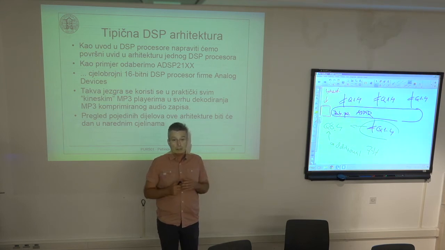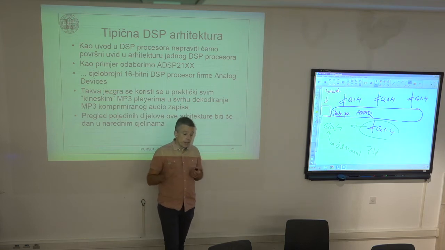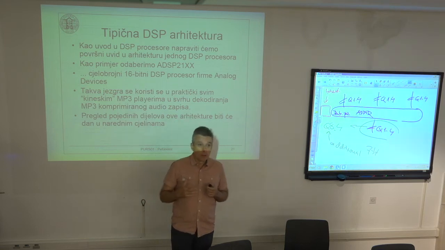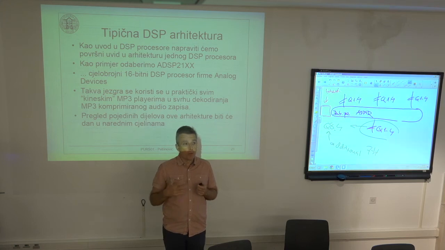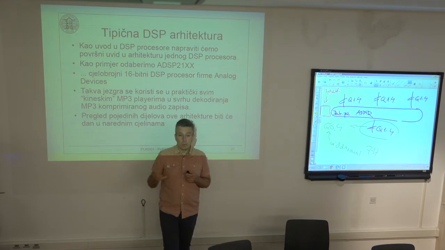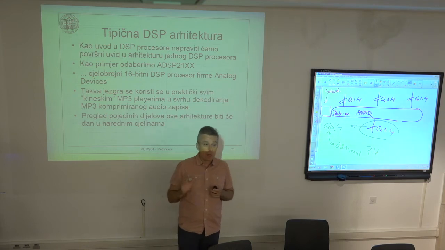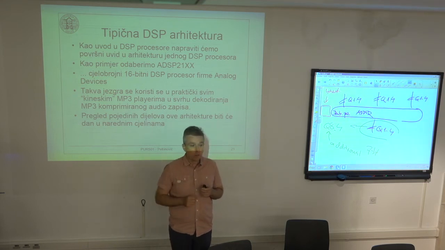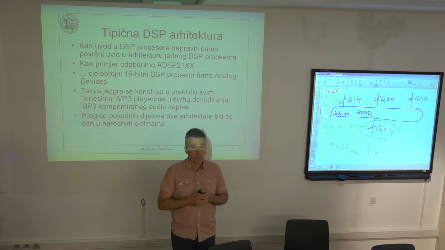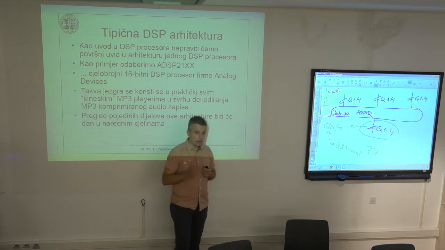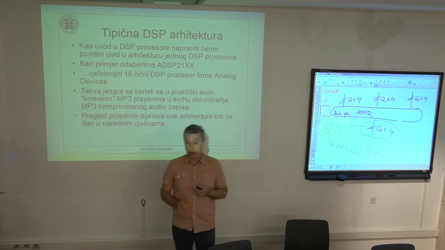So Zilog Z80 was almost a single chip microprocessor, but the peripherals were implemented with additional chips. This Zilog Z80 was a very popular 8-bit microprocessor, and very early standalone computers in the late 70s or early 80s were designed exactly using this Zilog Z80 8-bit microprocessor.